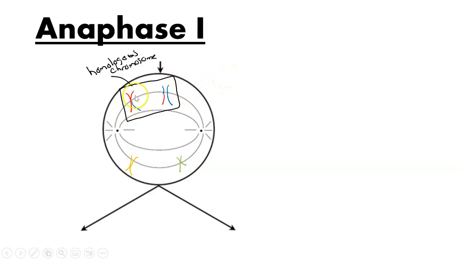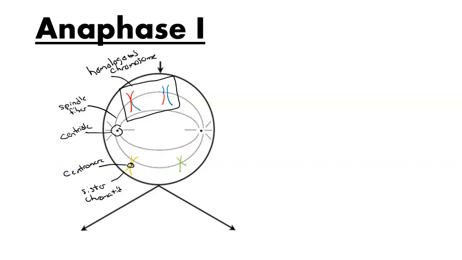Instead, I've got these 2 sister chromatids connected, these 2 sister chromatids connected, but they're no longer in that 4-pair group. I still have my centrioles here, and those are still extending those spindle fibers. Your sister chromatids are still attached, and they're still attached at those centromeres.